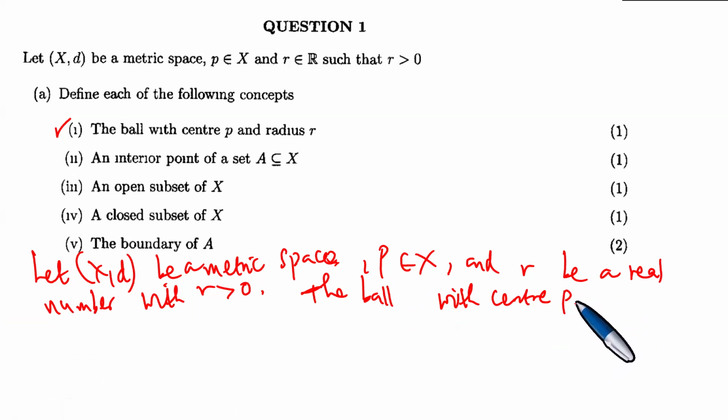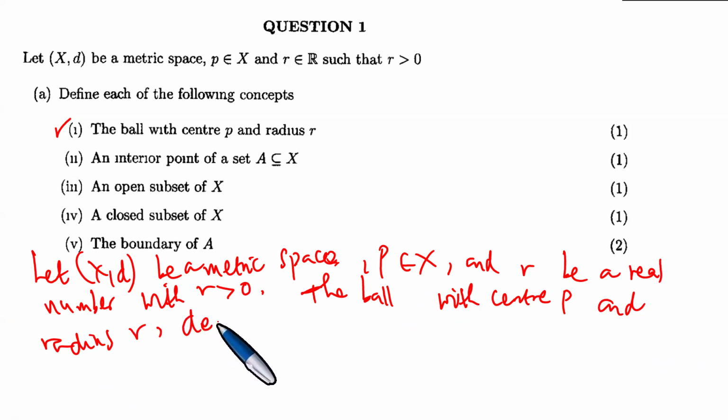The ball with center p and radius r, denoted B(p, r).